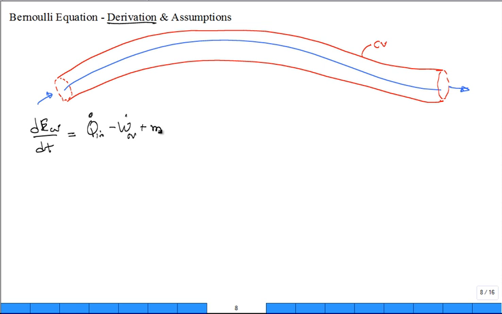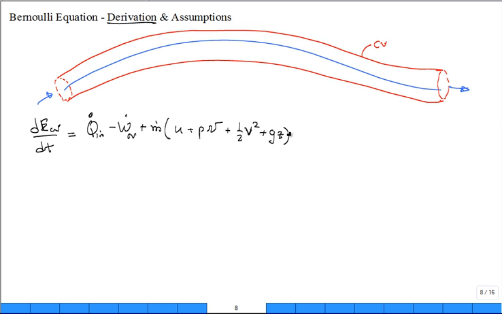Okay, so let's continue the equation. We have the mass flow rate in, and with it we're going to bring its enthalpy, which is u plus Pv. I separate out that internal energy and flow work term that's in the enthalpy, plus the kinetic energy, 1/2 V squared, plus the potential energy, gz. Each one of those terms makes sense?